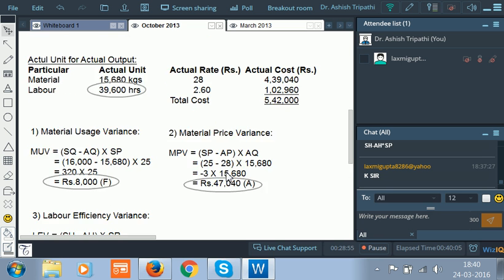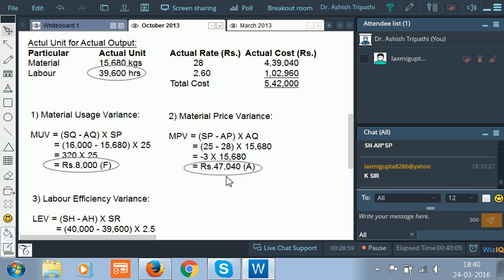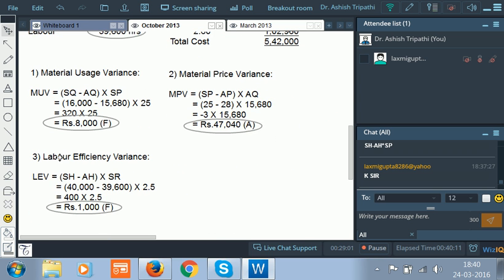So we are done. We have modified all those things. Now the last thing that we will have to calculate is labor rate variance. So let us complete that as well.